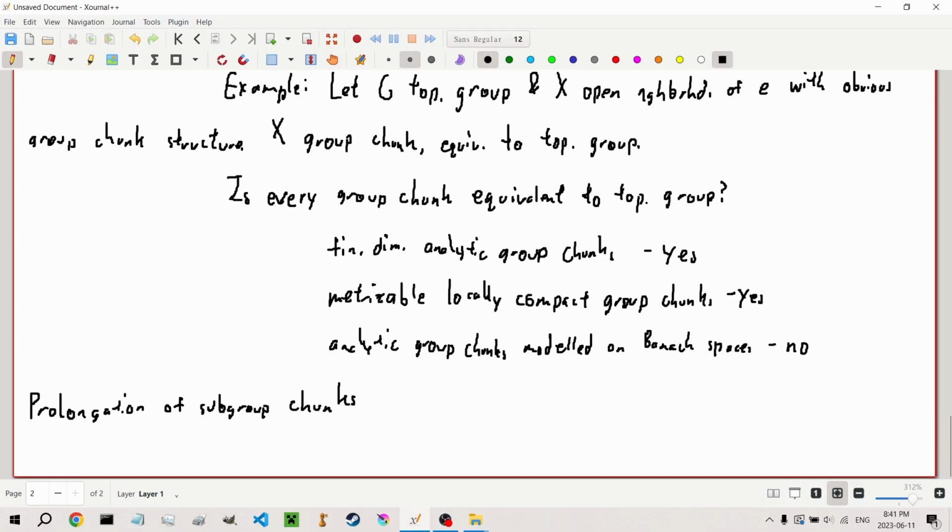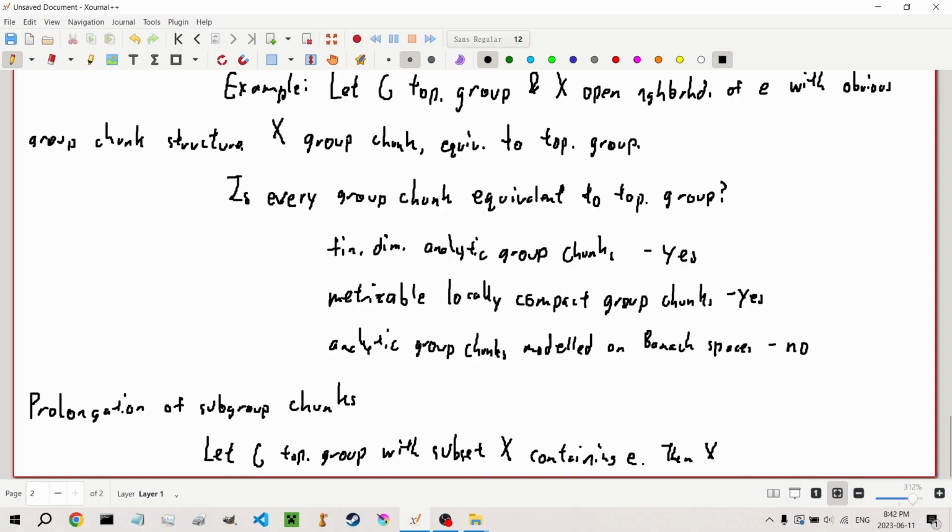So, let G be a topological group with a subset X containing our identity.